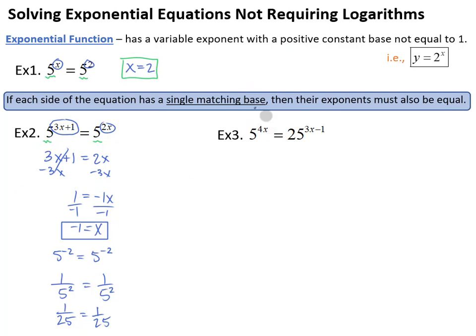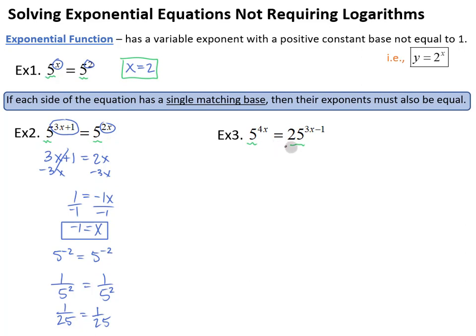Uh-oh. In this case, we don't have matching bases. We've got a base of 5, and we've got a base of 25. If they're not the same matching bases, you cannot set the exponents equal. But what we can do is go back and rely on properties of exponents. Now 25, hopefully you recognize, is a power of 5.